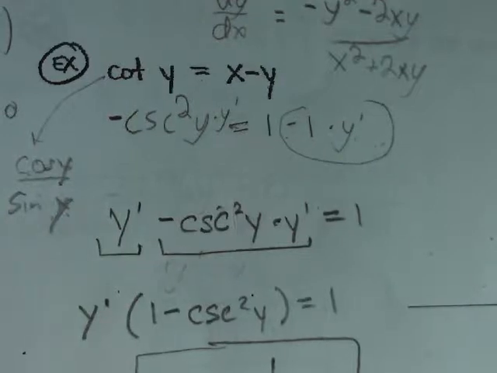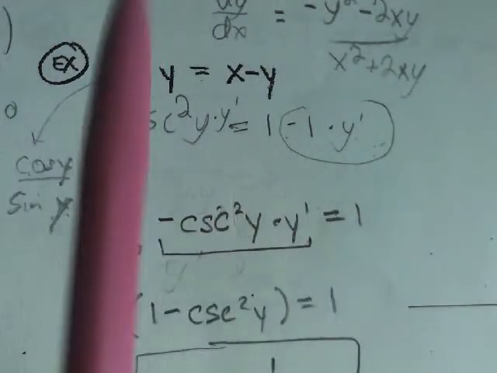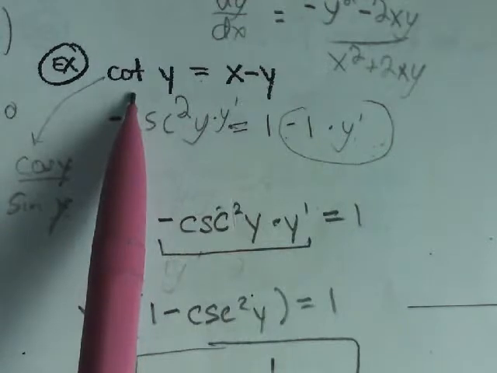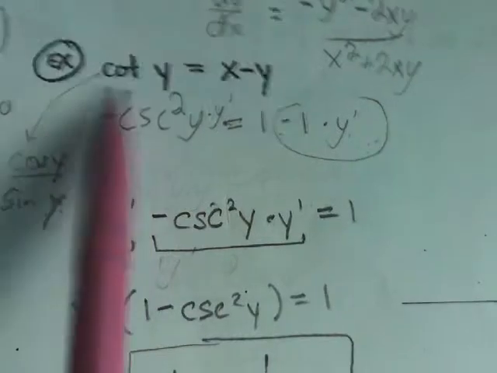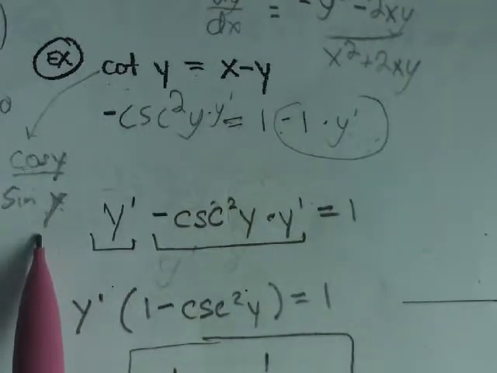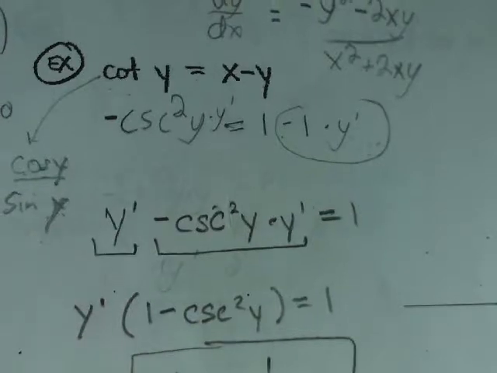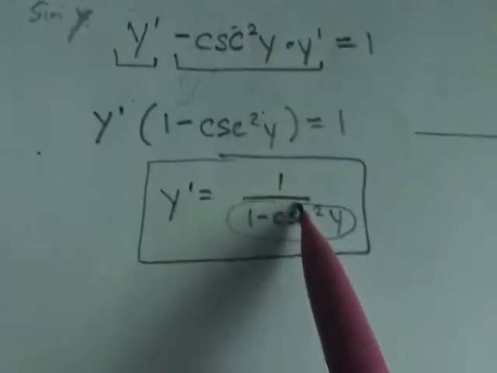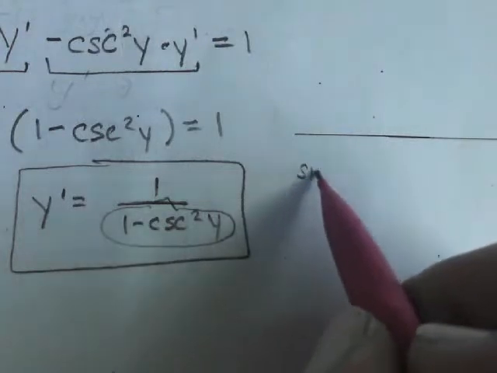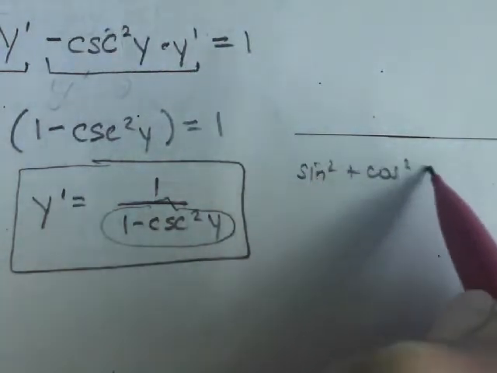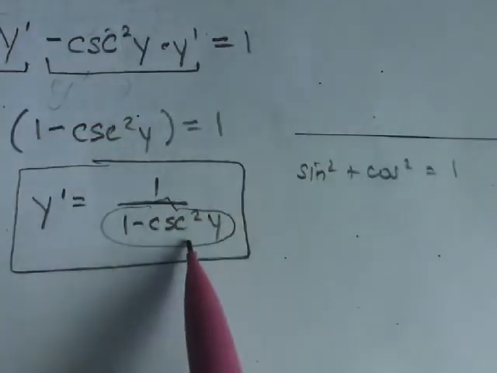Yes. So this is a Pythagorean identity. Remember, your Pythagorean identities come from sine squared plus cosine squared equals 1. The one that involves cosecant is by dividing everything by sine squared, right? So everything divided by sine squared would produce 1 plus cotangent squared equals 1 divided by sine squared, which is cosecant squared.